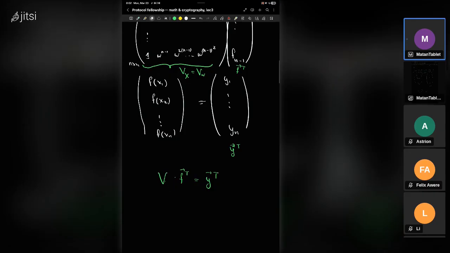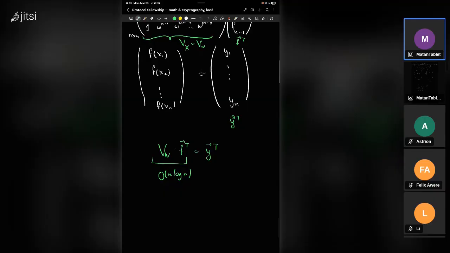And we described an algorithm to calculate this in O of n log n, for any W that is a primitive nth root of unity, and any vector f.